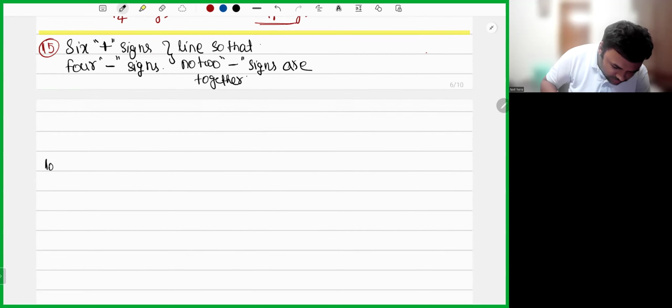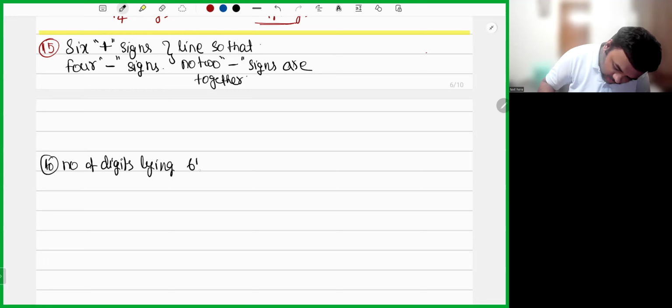Next, the 16th question: the number of digits lying between 10 and 1000 formed with 2, 3, 4, 0, 8, 9.